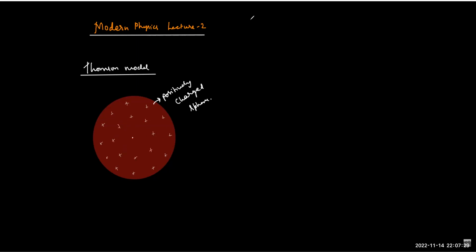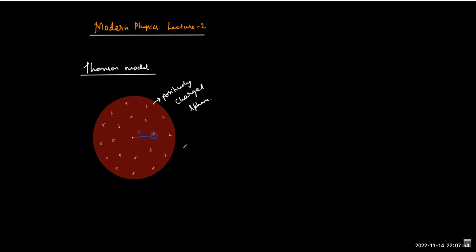And we have just one electron. This single electron can be anywhere, so I'm assuming it at a distance r from the center. So we have a negative charge. We have a single electron.